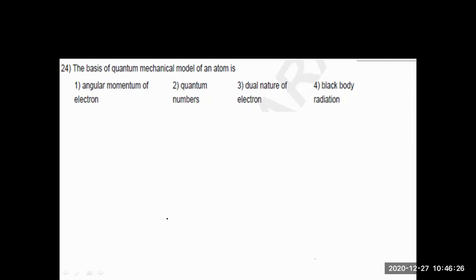So here most appropriate answer is option 3 itself. Dual nature of electron, that is dual nature of material particles. So quantum mechanics is a branch which deals with the properties of matter considering dual nature of matter. So option 3 is right.